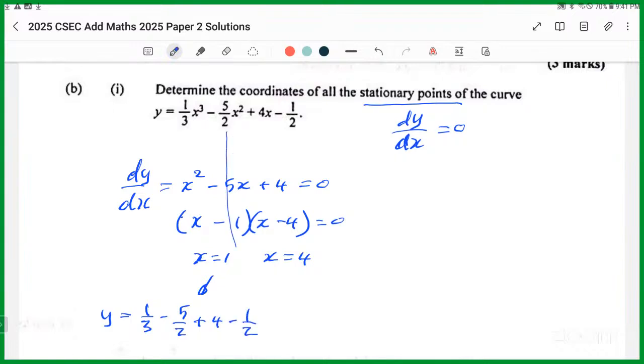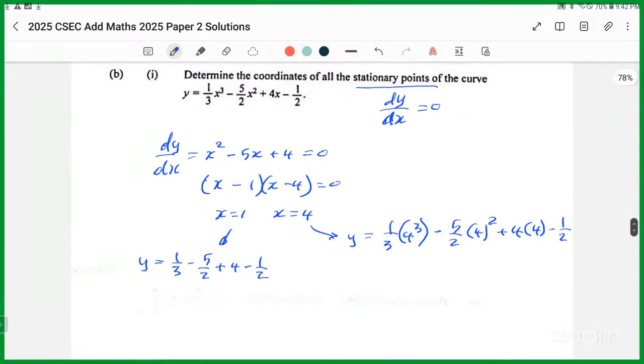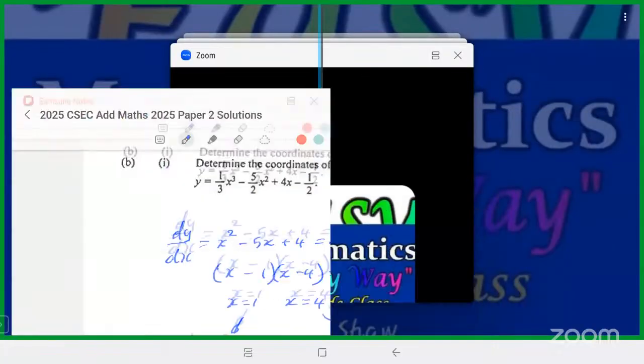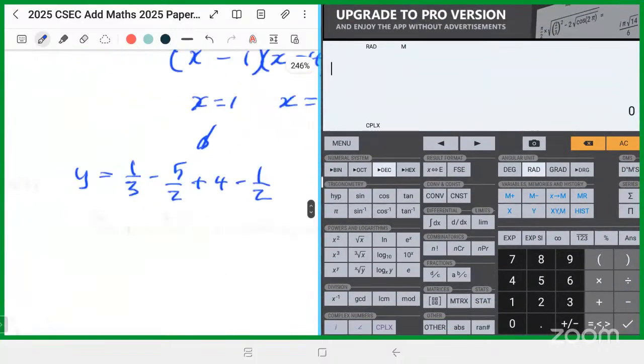That's what I get when I plug 1 into this. Let's use the calculator, it's faster.